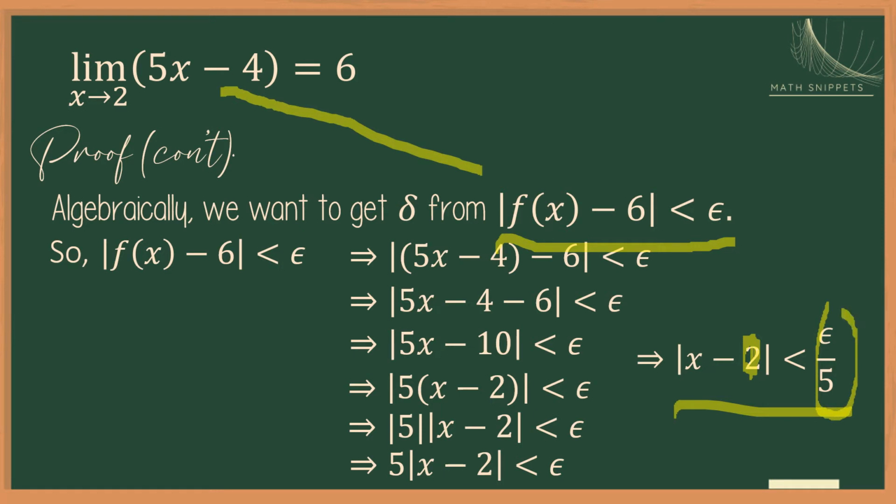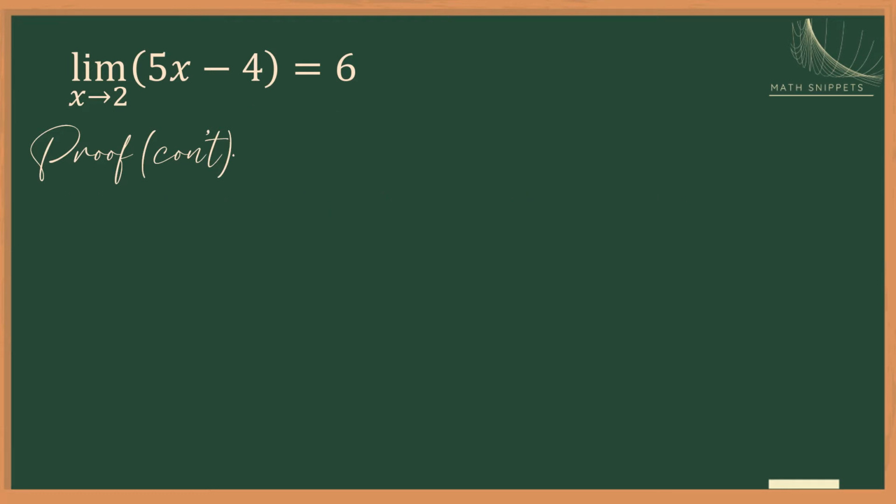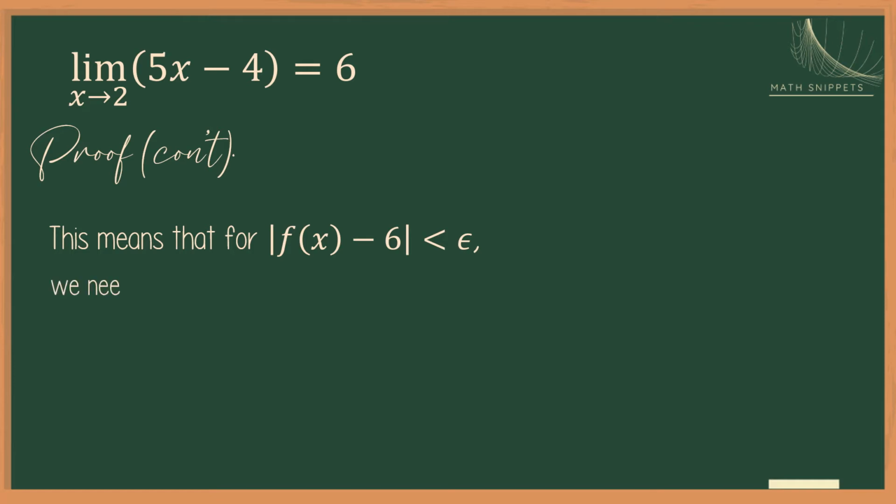So this must be our delta. Again, what we found means that for the absolute value of f of x minus 6 to be less than epsilon, our delta must be epsilon over 5.